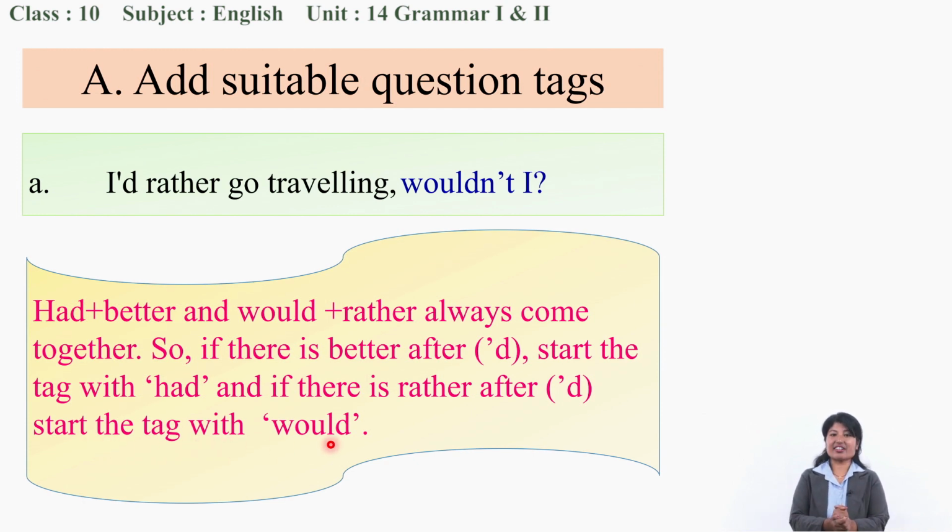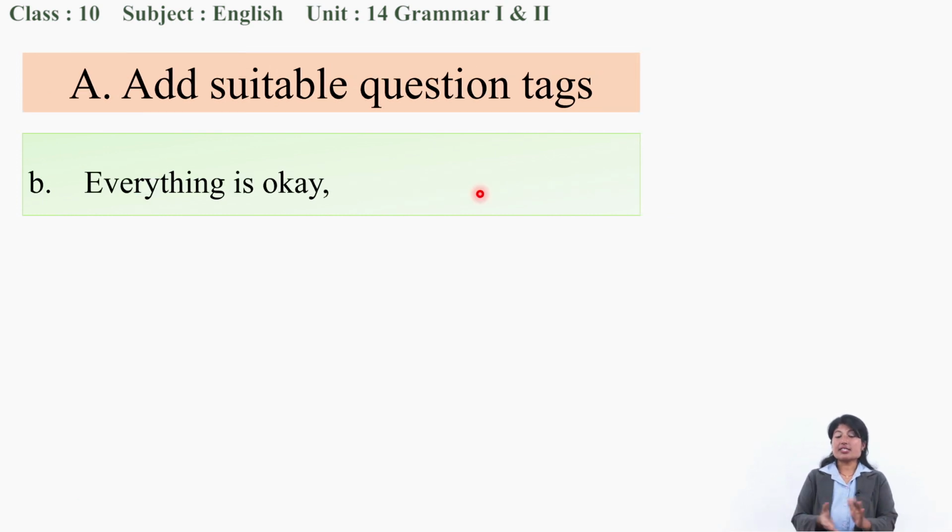Okay, are you clear? I would rather. It had better. With better it is had, with rather it is would. Okay, so the tag will be accordingly. Next, everything is okay. So what will be the tag over here?